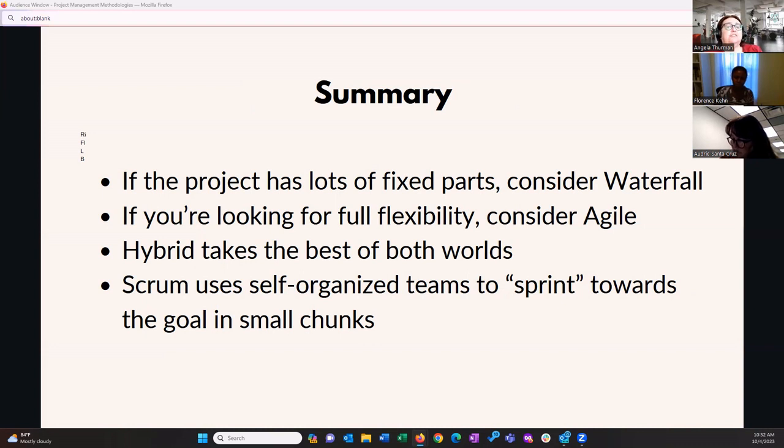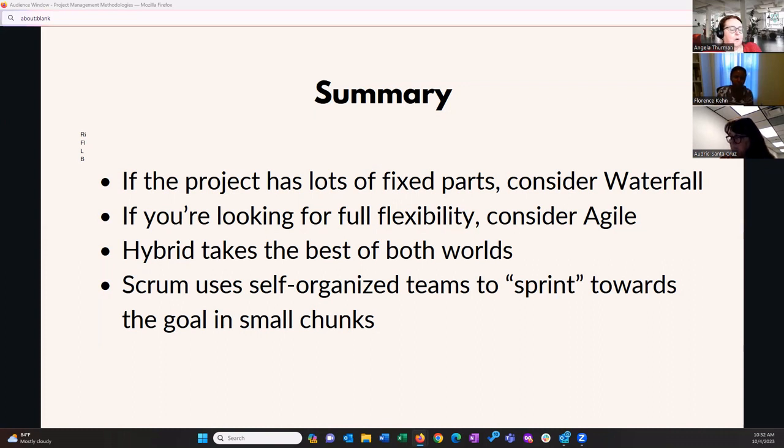But it is neither fully waterfall nor agile, so use it with caution. Now, Scrum uses self-organized teams to sprint towards the goal in small chunks.